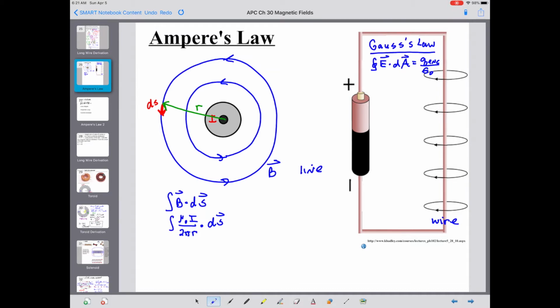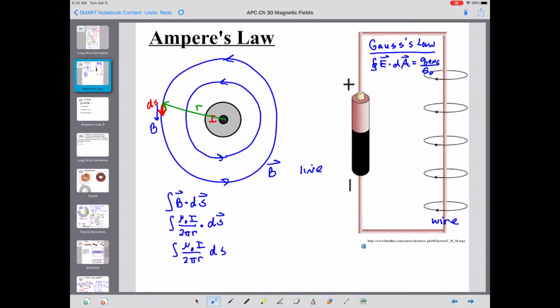The dot product is the direction between B and ds. If I draw the direction of B right there, B is going to be in the same direction as ds. The purpose of a dot product, cosine theta, is to put those two in the same direction, and they're already in the same direction. So this is going to be the integral of mu naught I over 2 pi r ds.